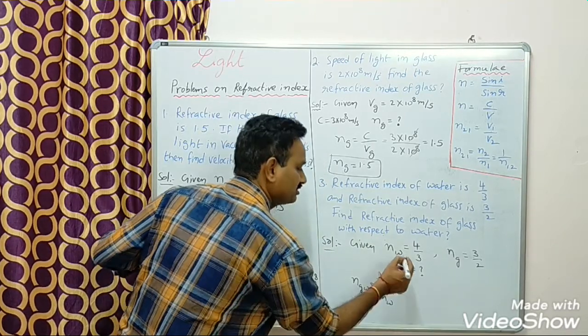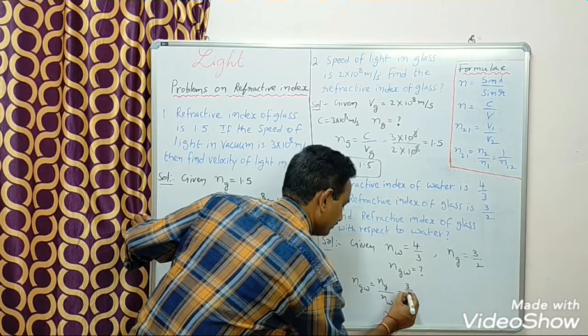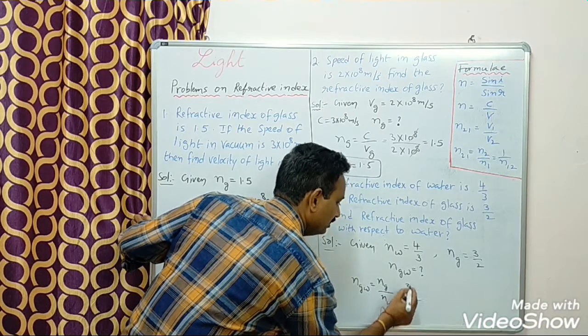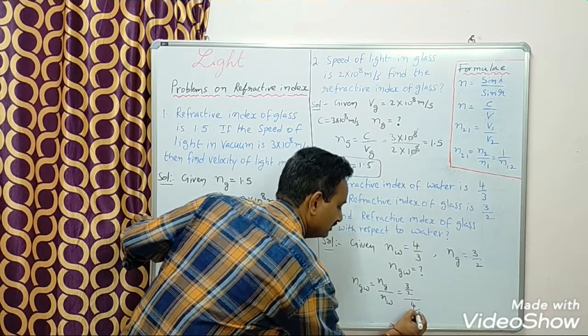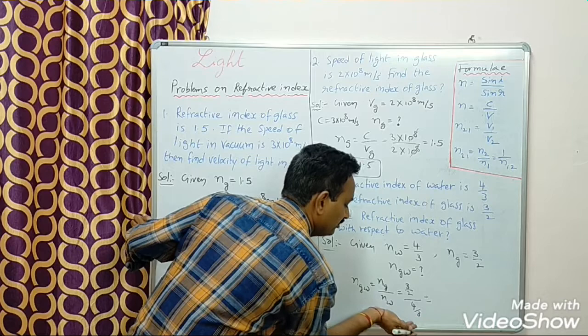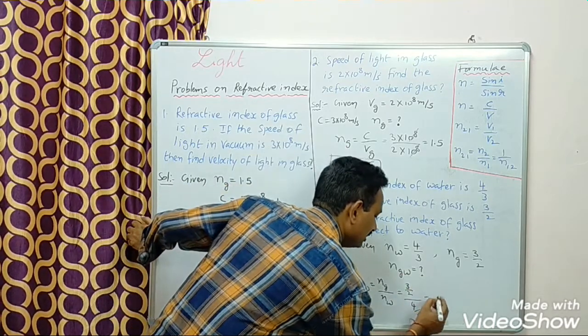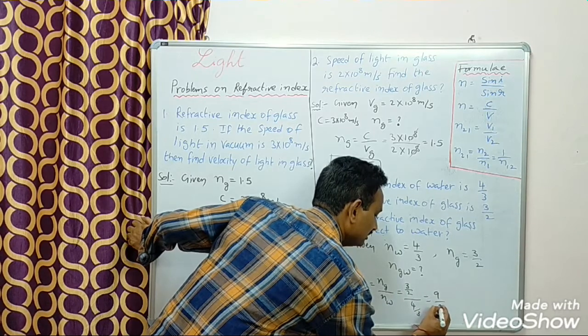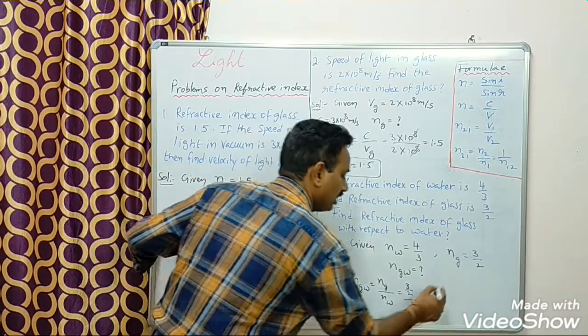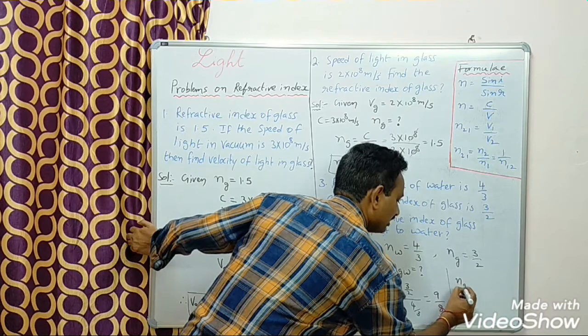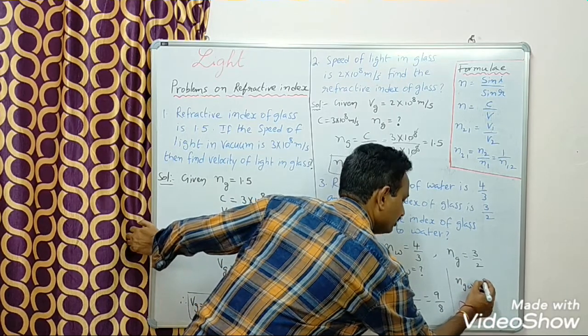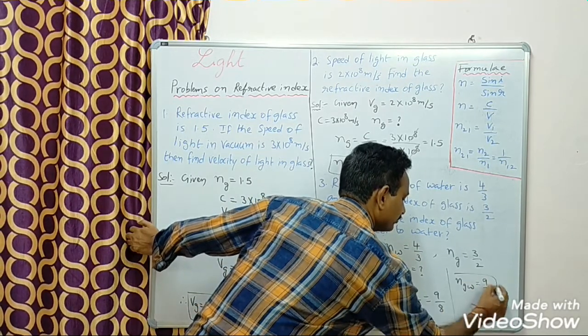That equals ng, which is 3 by 2, by nw, which is 4 by 3. If you move 4 by 3 to the up, what will you get? You will get 9 by 8. So finally we got refractive index of glass with respect to water, that is 9 by 8.